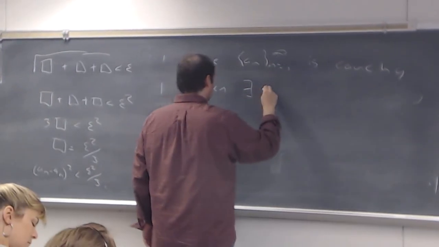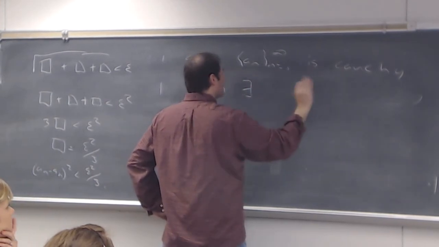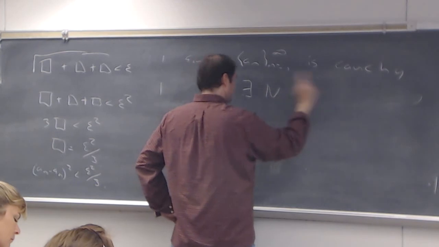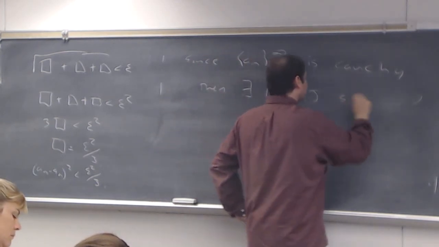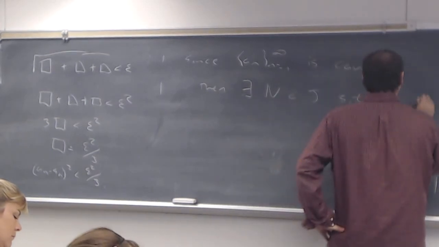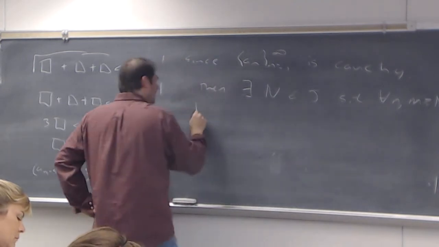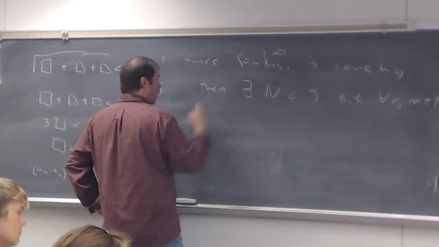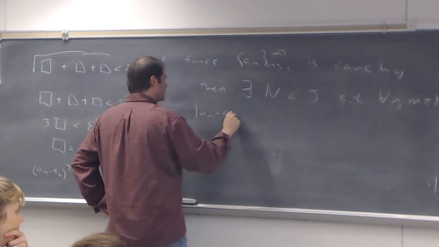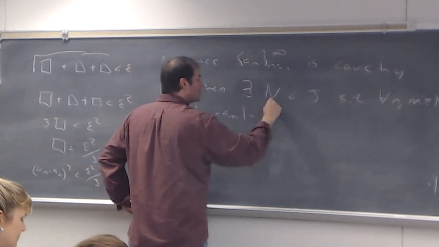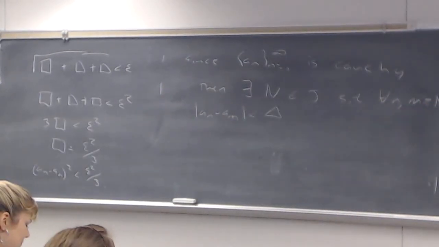So there exists, even if I haven't been given an epsilon, no matter what positive quantity you give me, there exists a big N in the natural numbers for that particular positive quantity, such that for all n and m bigger than or equal to this big N, the absolute value, that's the usual metric in R. Remember where this lives. It lives in R. That a sub n minus a sub m is going to be less than whatever was given. I'm going to put triangle because I don't know what it is. Okay? I don't know what I'm going to use.